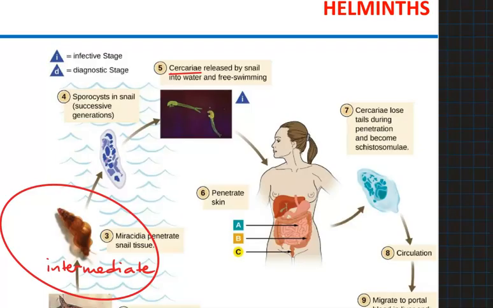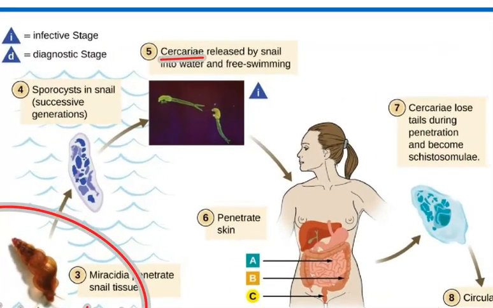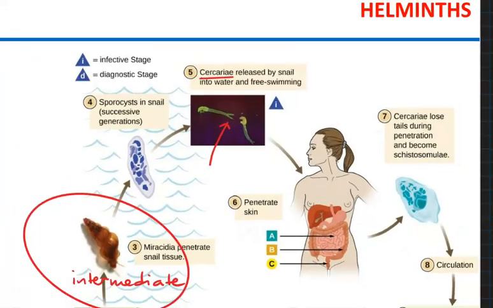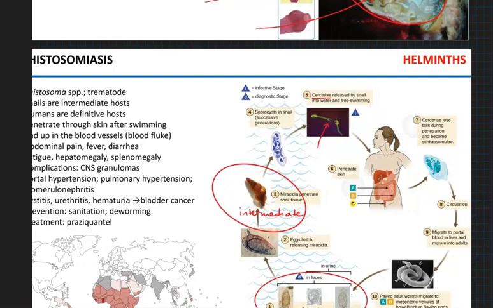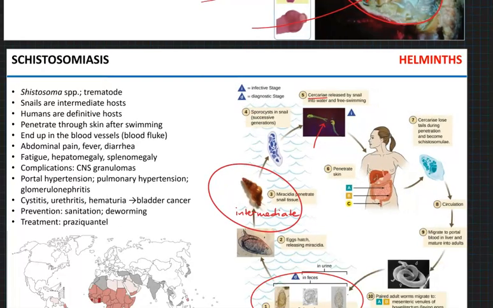And then you go and swim in that water. So, cercariae, these green guys, end up on your skin. So, say you get out of the water and you realize you don't have a towel, but it's hot enough for you to dry. In that fateful moment, cercariae penetrate through the skin. They don't need any breakage.